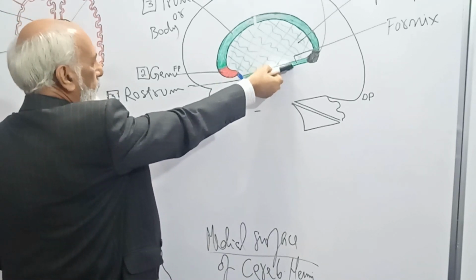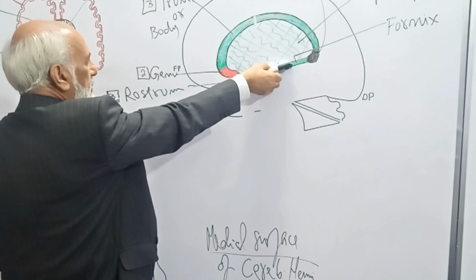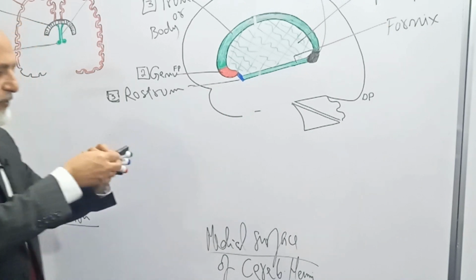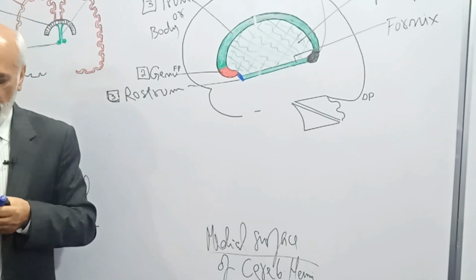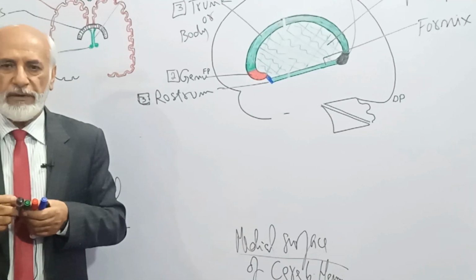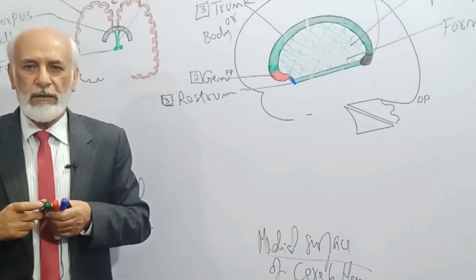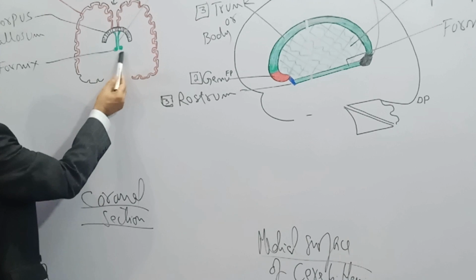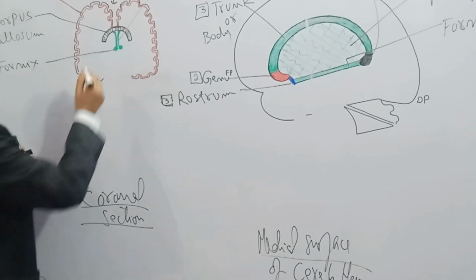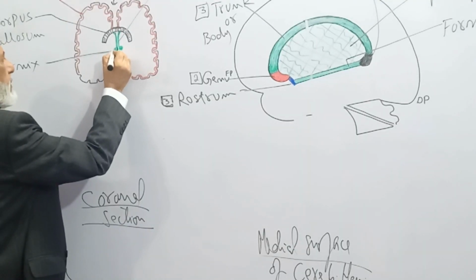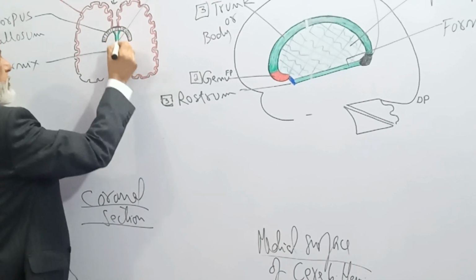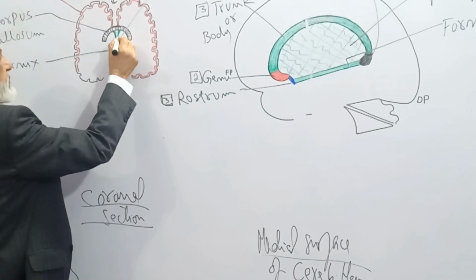Now you can see only one here, the other you can't see because it is on the other side. But if you want to see the front view, you will mark two circular dots indicating the two parts of the fornix. So anteriorly you can see these are the two parts of this cylindrical body attached to the lower border of the septum pellucidum, known as the fornix.